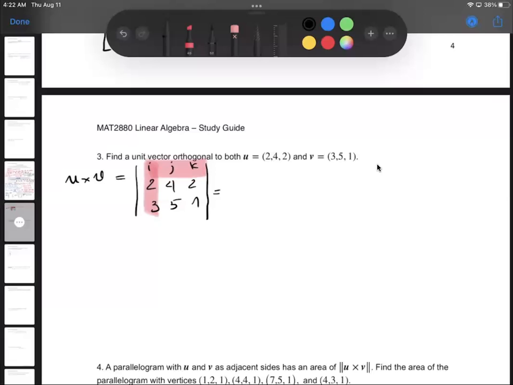Number 4: a parallelogram with u and v as adjacent sides has an area equal to the length of u cross v. Find the area of the parallelogram with the following vertices. First I'm going to draw this to see what happens. It's going to be in the first quadrant because they're all positive.